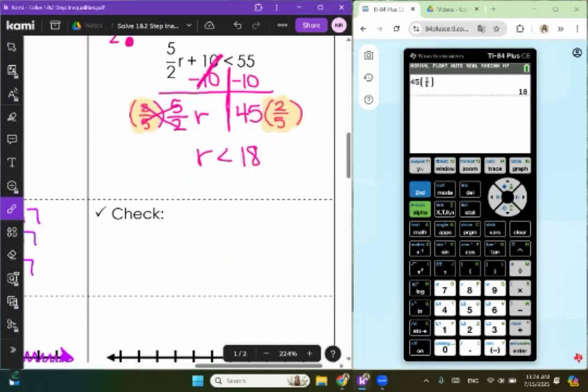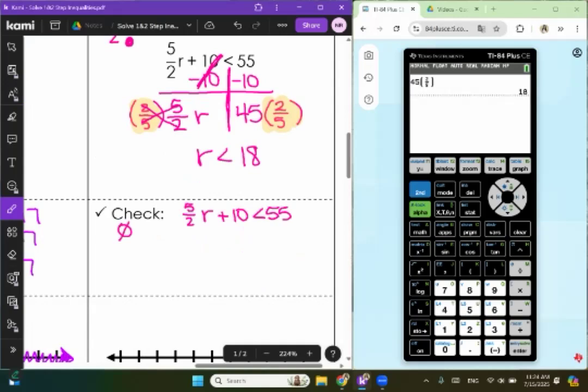Okay. So give me a number that's less than 18. Last year, my kids gave me 0. Very original. 5 over 2r plus 10 less than 55. And this is the last one we're going to check our answers on. This is just so you understand that you can always plug your answer back in.